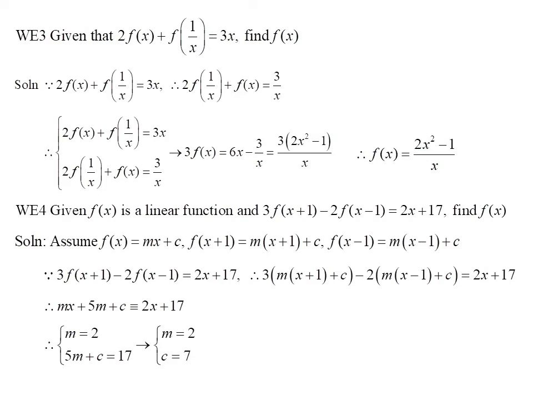Hence, we have two simultaneous equations, m = 2 and 5m + c = 17. Therefore, we find m = 2 while c = 7. So f(x) = 2x + 7.